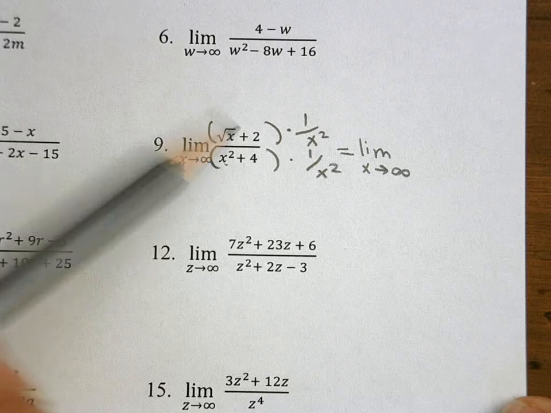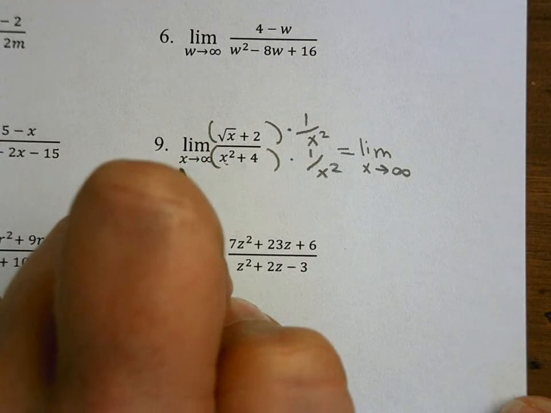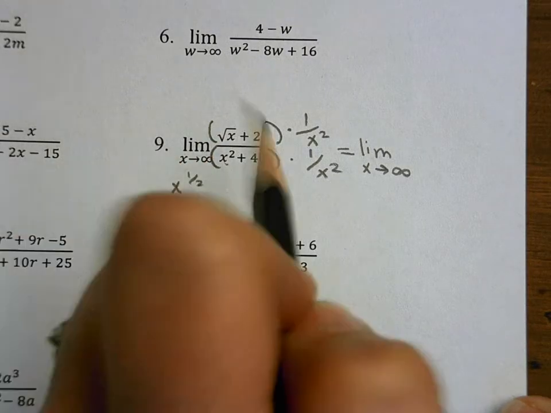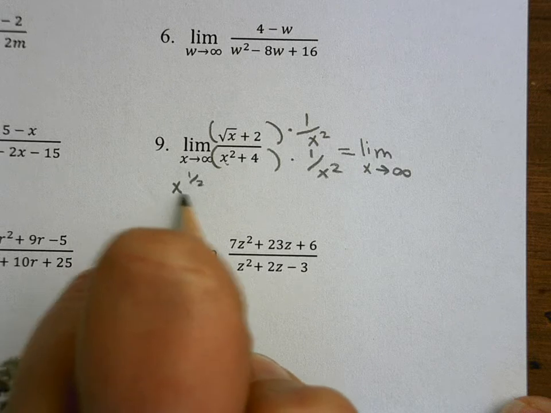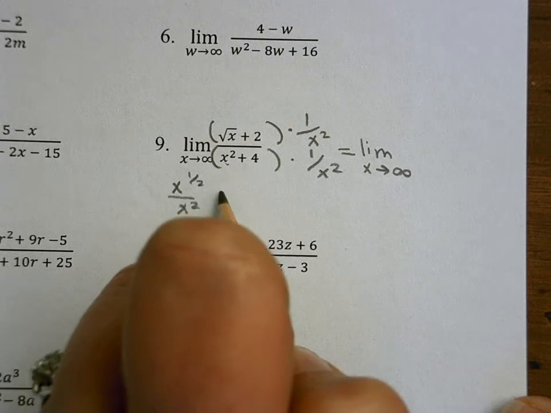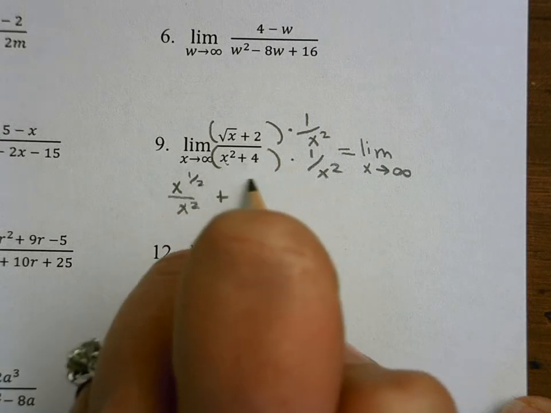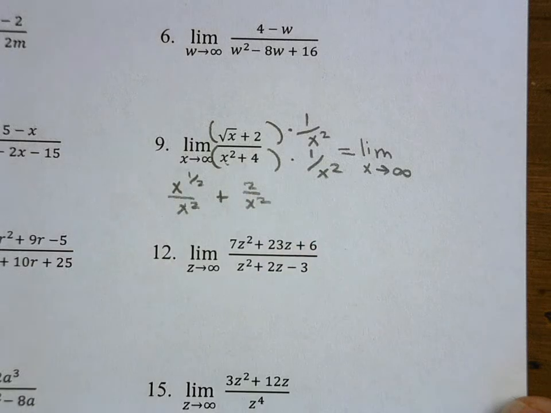The square root of x is the same as x to the 1/2 power, right? So x to the 1/2. I'm going to have x to the 1/2 over x squared plus 2 over x squared, and that's just for the numerator.